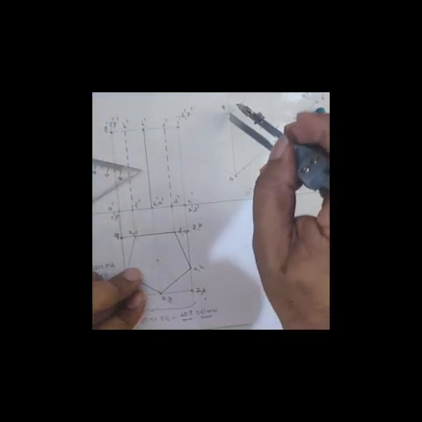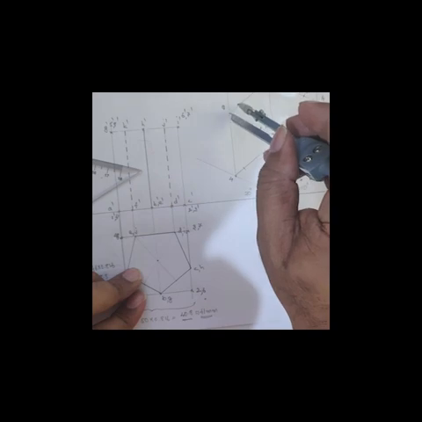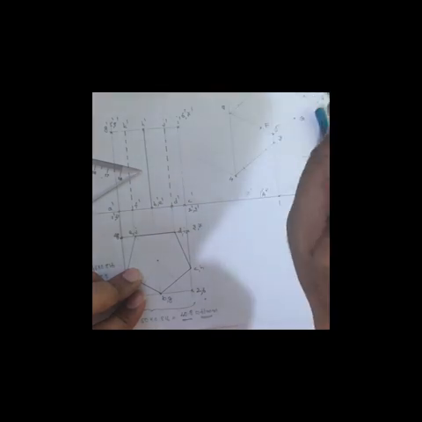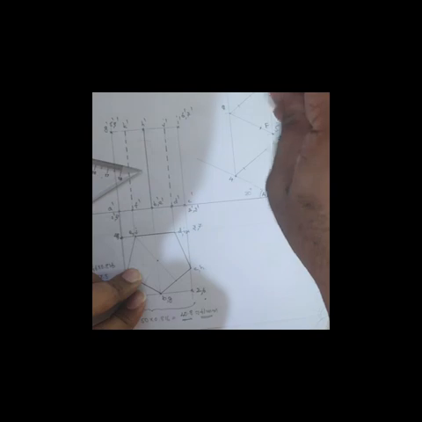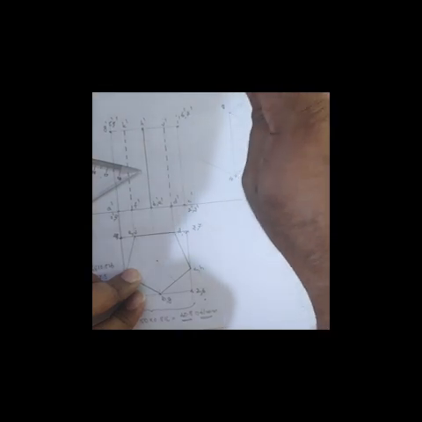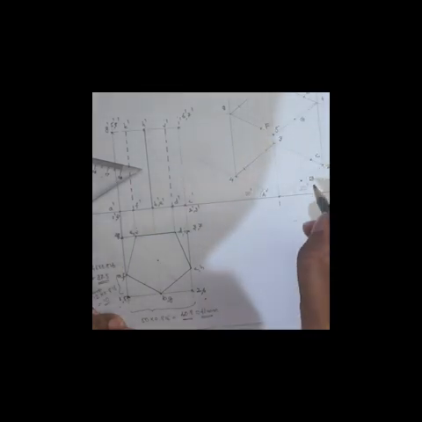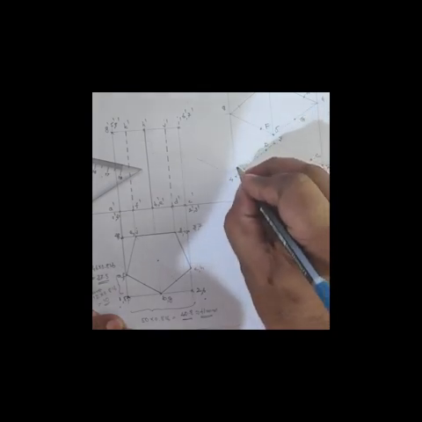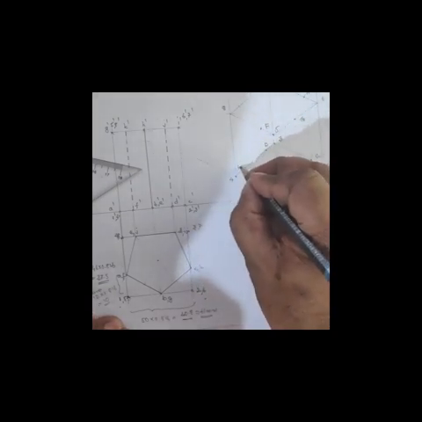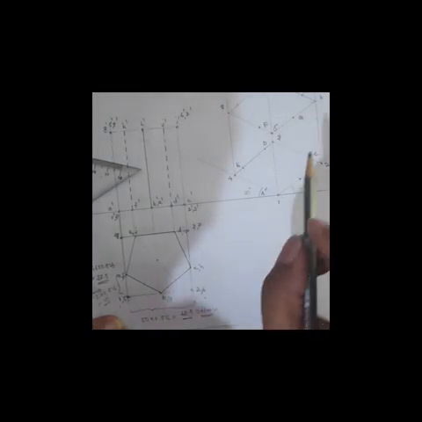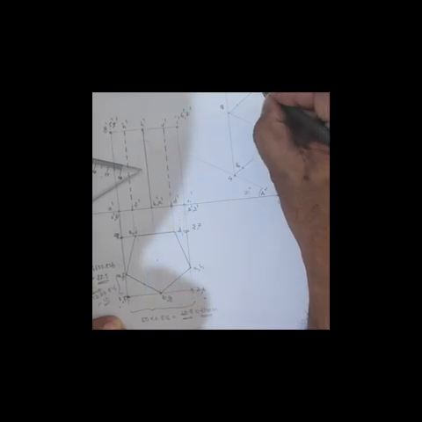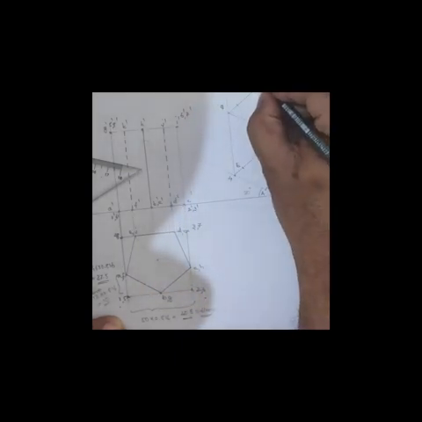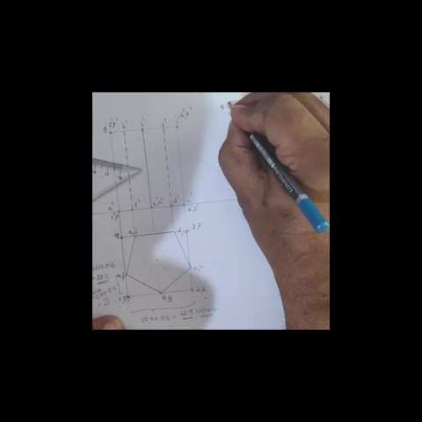Similarly, from point 8 towards point 7, and from 7 towards point 8, so that you will get points D and E. These points are located in the base, and this is point I, and this is point capital J.